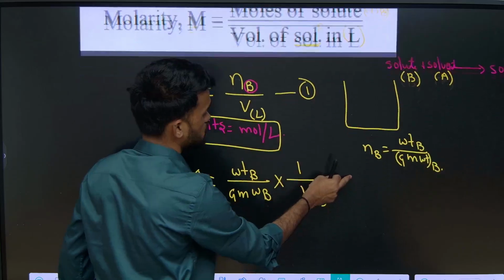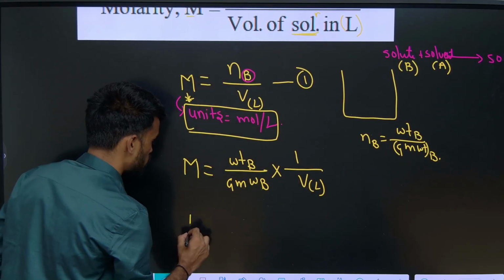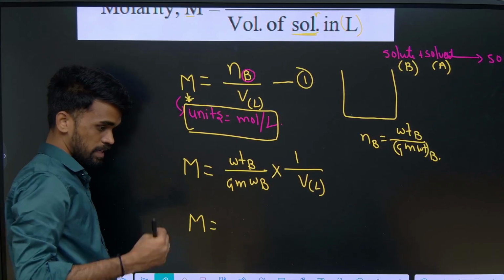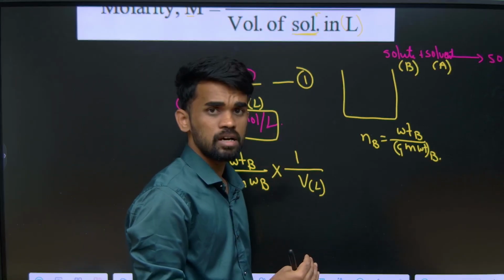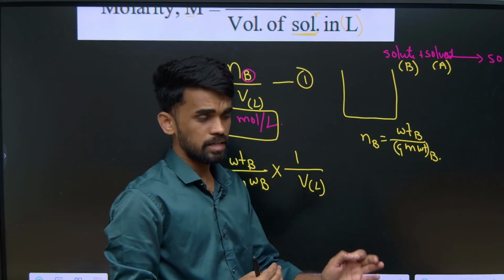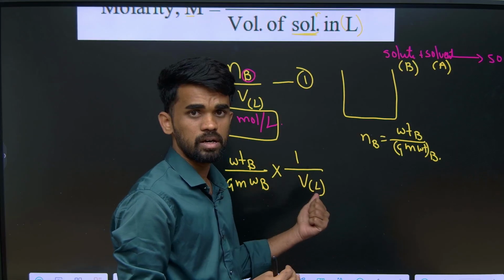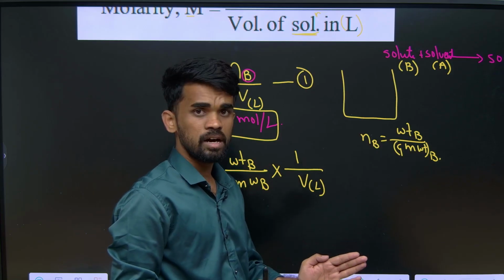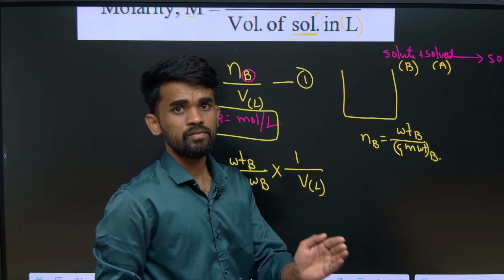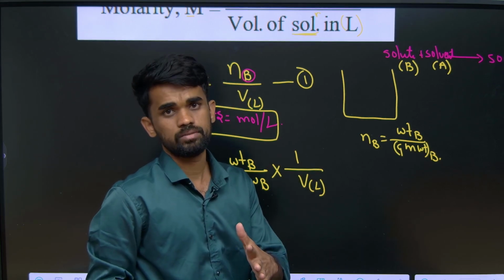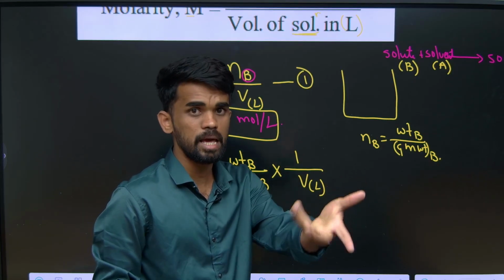Sometimes we may express this volume in terms of ml also. For example, what is the molarity of 5 moles of NaOH present in 1 liter of solution? If they ask like this, we can use the liters formula. If they ask what is the molarity of a solution in which 5 moles of NaOH is present in 500 ml of solution, then we have volume in ml.